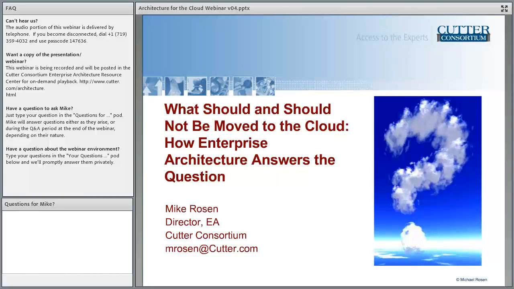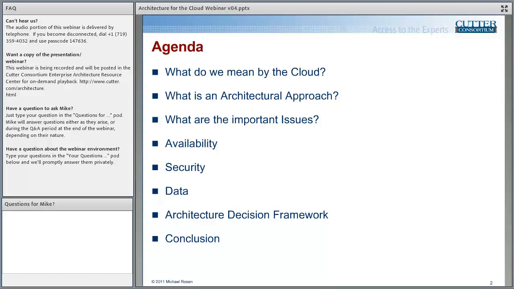Thanks for joining. The abstract had a lot to cover in an hour. I'm not sure I'll get to every item in there, but first, let's level set what cloud I'm talking about in this seminar, and what an architectural approach to integrating that into the enterprise looks like.